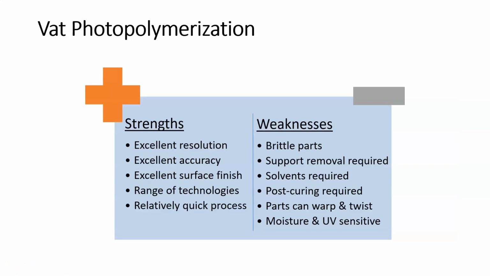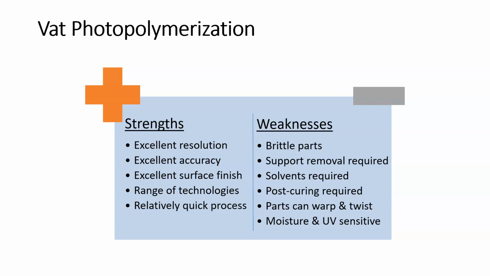Okay, so some of the strengths of the vat photopolymerization process are it has excellent resolution, probably the best resolution and accuracy of any of the 3D printing technologies that are out there, any of the different processes, okay? It has extremely high resolution and accuracy. It has a very good surface finish.